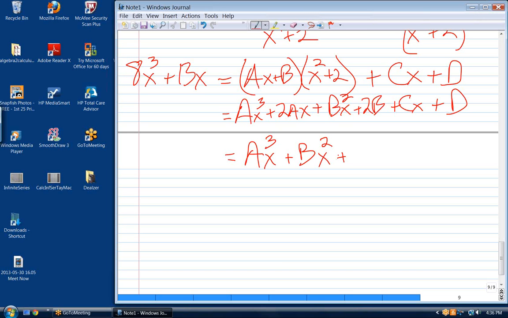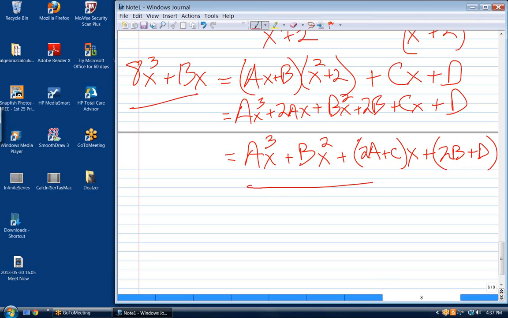But then I can factor out 2a plus c as my coefficient for the x term, and then I just have a d term. In fact, no, I have this 2b here that I didn't do anything with. Well, notice there's no x with the 2b and there's no x with the d. So my constant has to be 2b plus d. This polynomial has to equal that. And now I do something that's called equate coefficients.